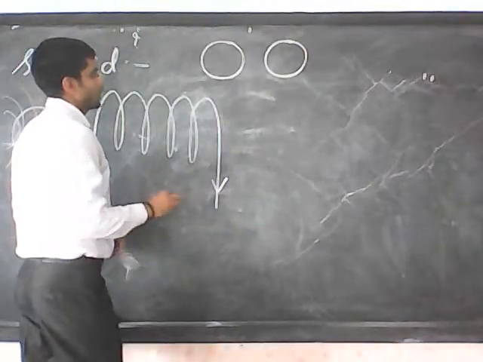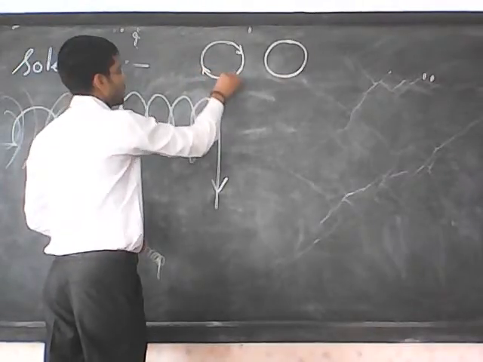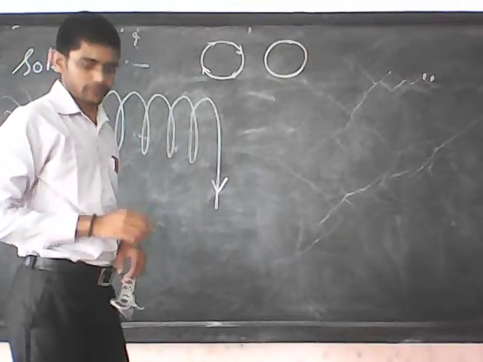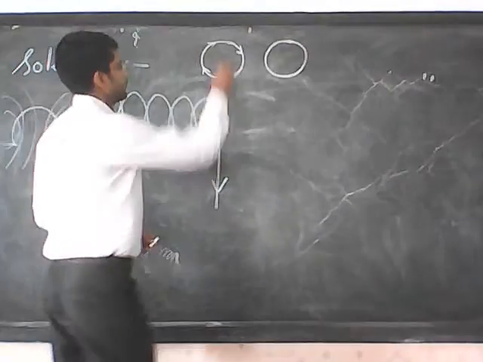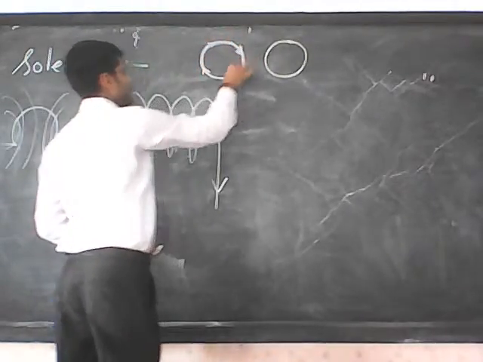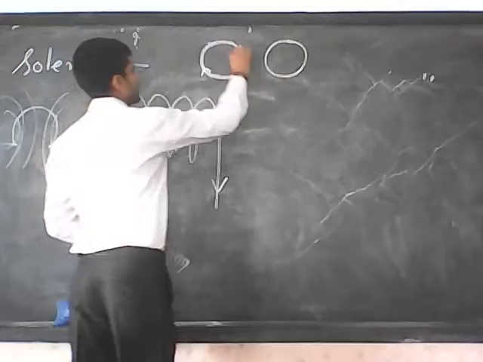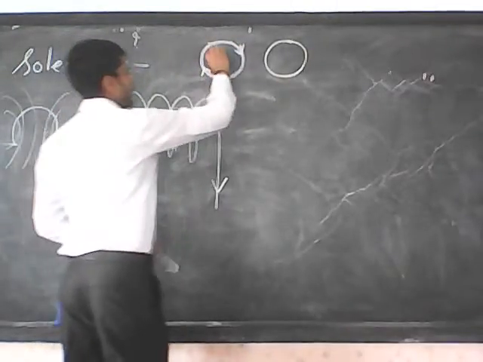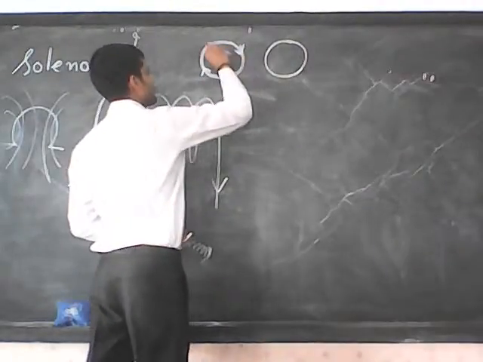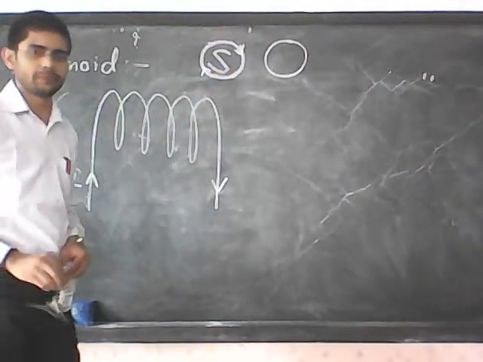Very first, if the direction of flow of current is in the clockwise direction, it means that it will be the south pole.